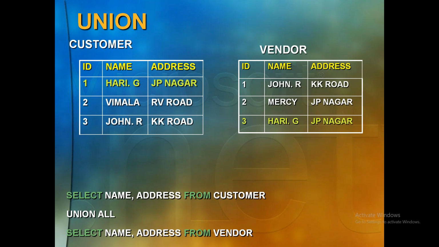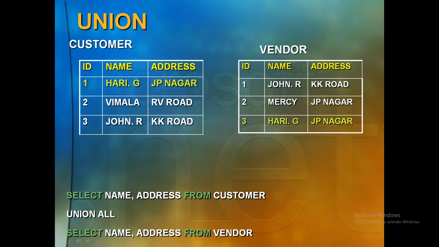Am I clear? And a few more things you should understand. If you have two columns in the first select statement, you must have two columns only in the second select statement. You cannot say select star from the first table, union or union all, select star from the second table. You must write the column names clearly. Clear? And the corresponding column data type also should match. For example, if name is a varchar column, this name also should be a varchar column.